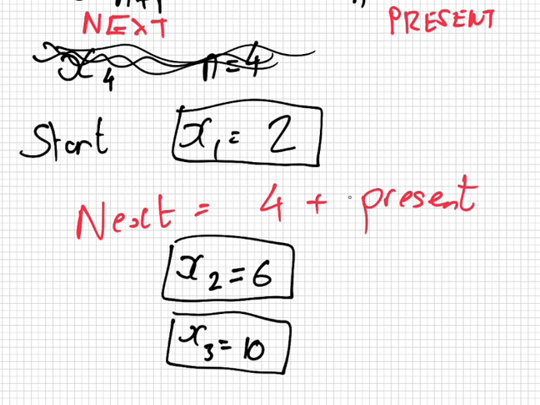So this is not direct. If I want the 10th term, what do I need to find first? The 9th. And before I find the 9th, I need the 8th, 7, 6, 5, 4, 3, 2, 1. So you can't jump to any term you want. You have to go piece by piece, because the term that you're on lets you calculate what's next.